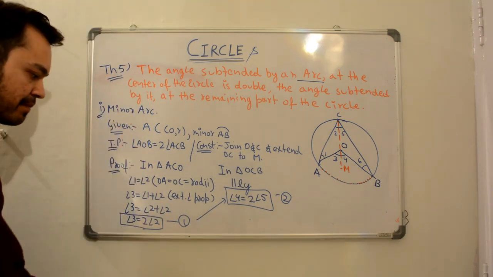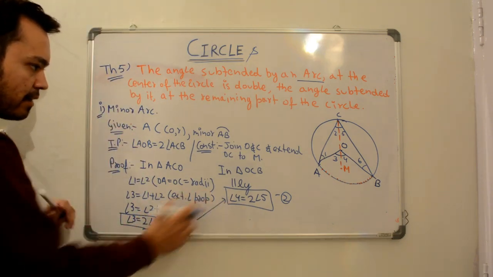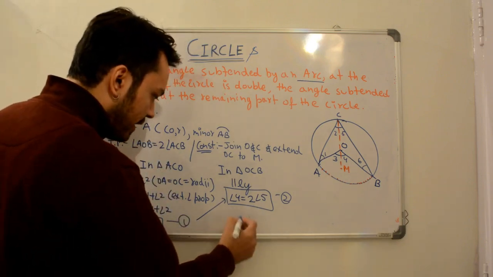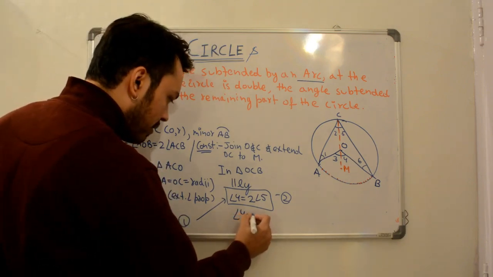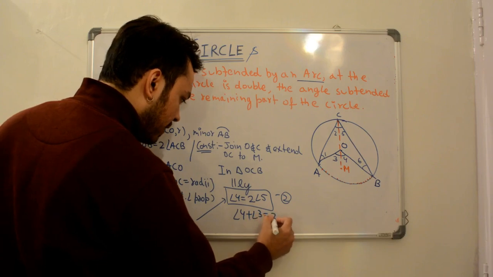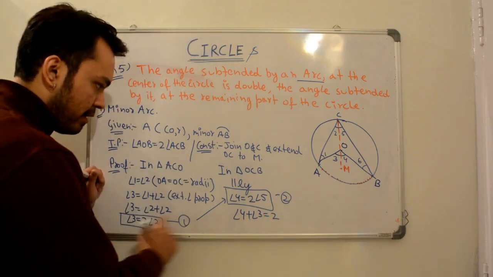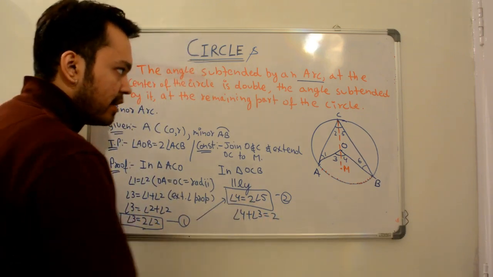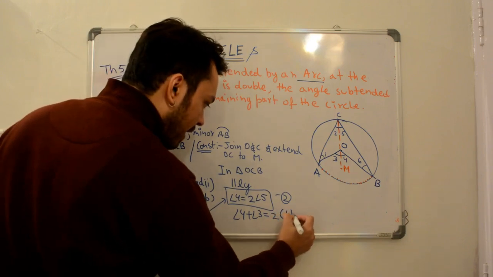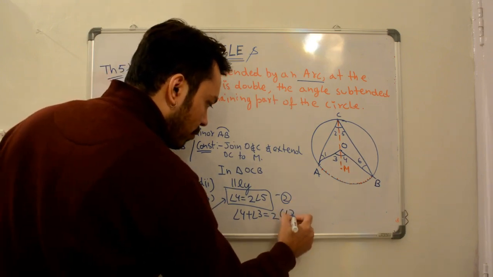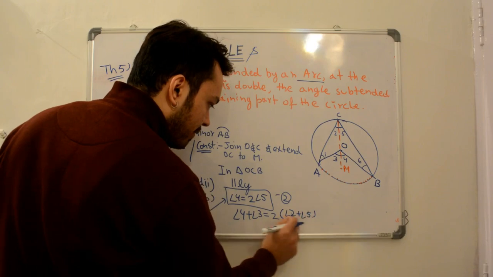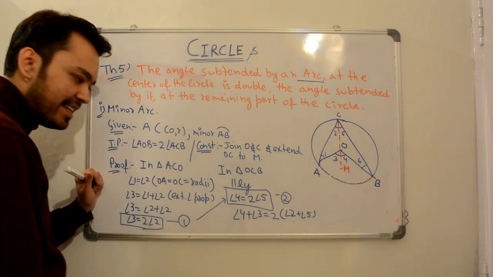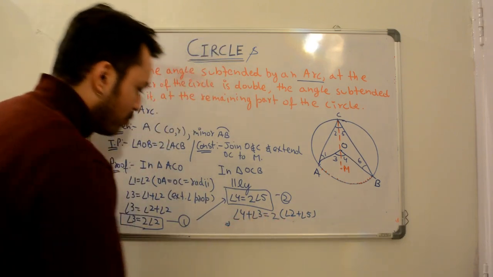Right? Now simply add up number 1 and number 2. Right? What we will get: angle 4 plus angle 3 is equal to twice, I take 2 common because 2 is coming here and here, so I take 2 common out. I write angle 2 plus angle 5. Clear?